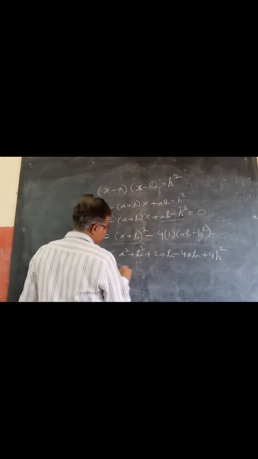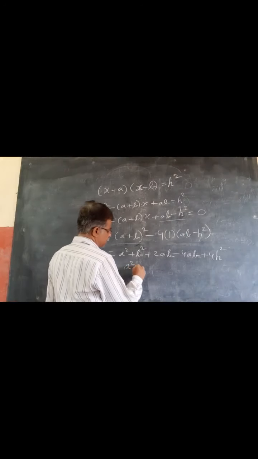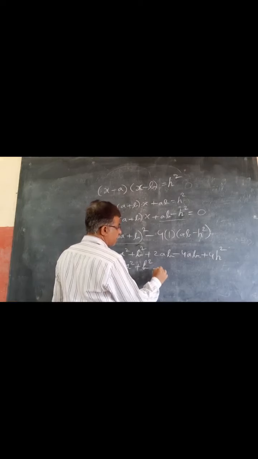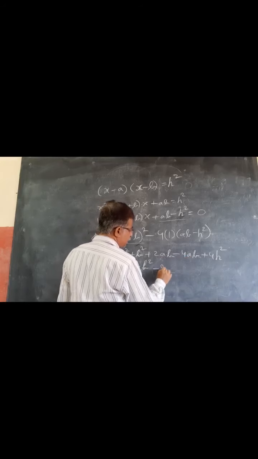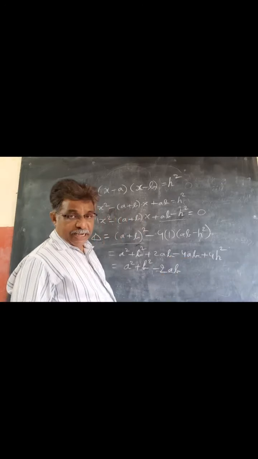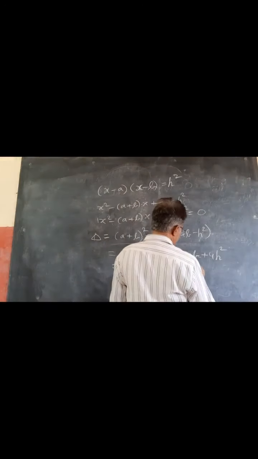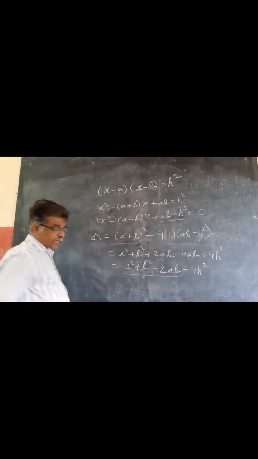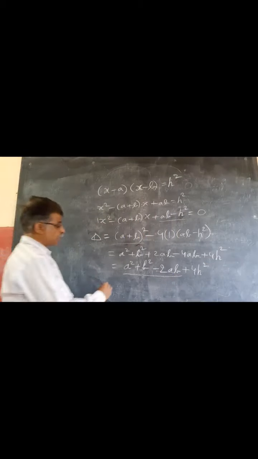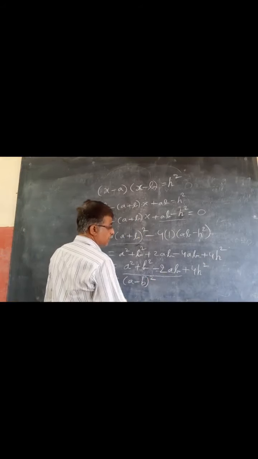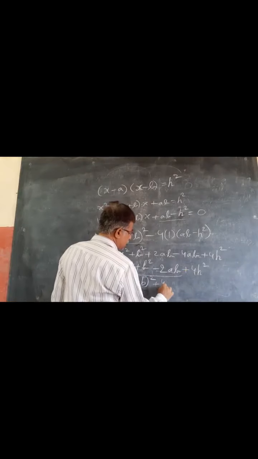Now if you observe, a square plus b square plus 2ab minus 4ab becomes minus 2ab, plus 4h square. Now a square plus b square minus 2ab is a minus b whole square. So a minus b whole square plus 4h square as it is.